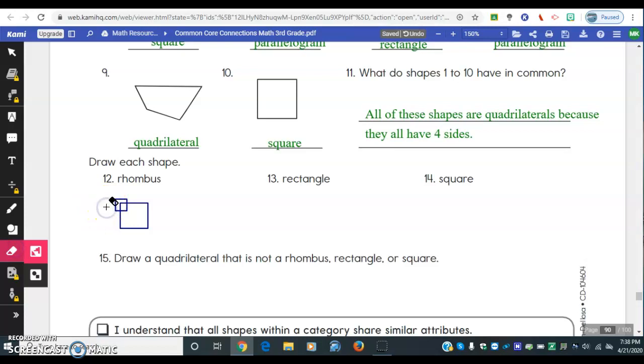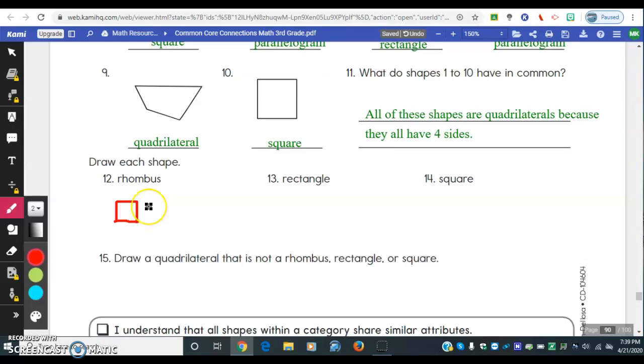is now we need to kind of, let's see, I'm trying to get rid of that guy. Let's try this again. I'm going to use my drawing tool. I'm going to start with a square like that, which, by the way, guys, is a rhombus.